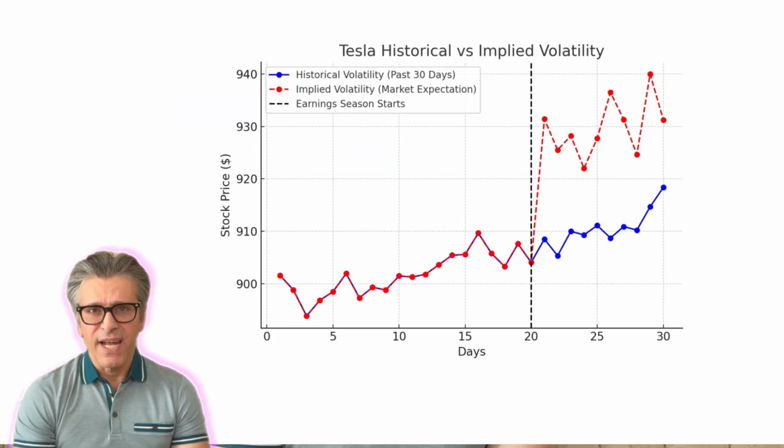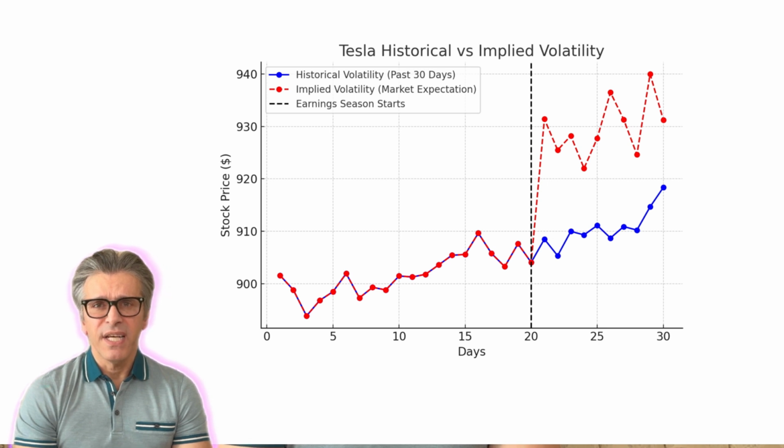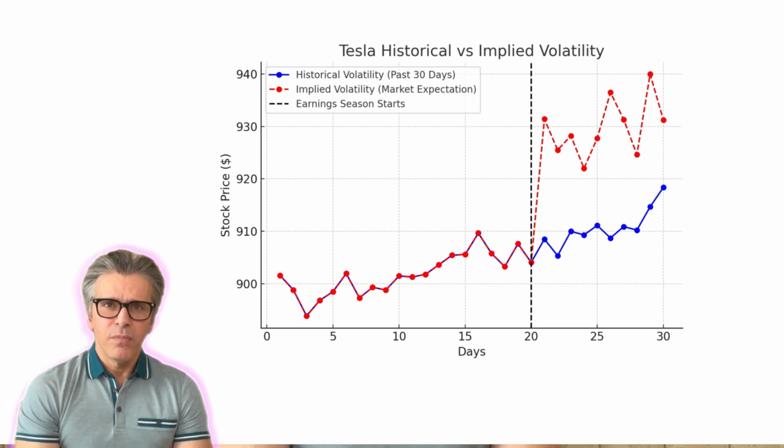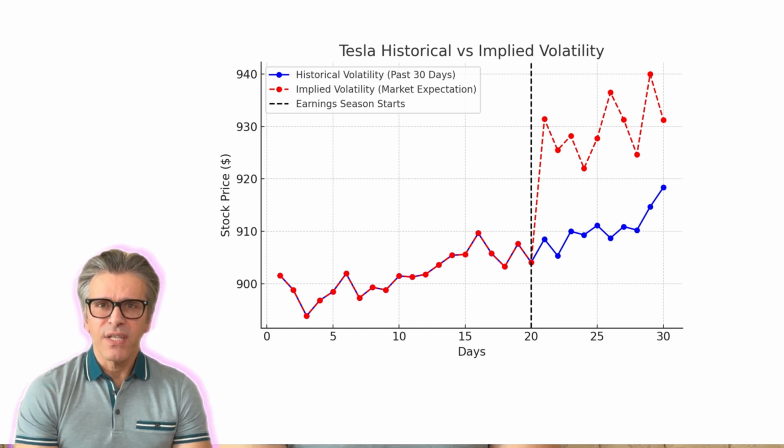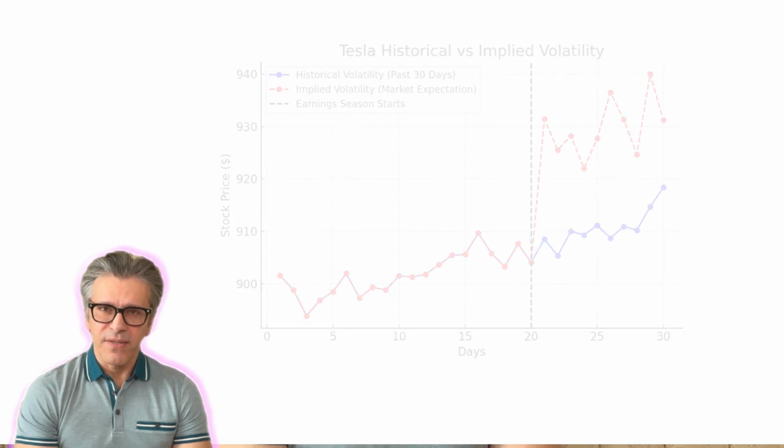On the other hand, implied volatility is the market's expectation of future price swings. In simple language, it means the market expects a specific stock, such as Tesla, is about to make a big move, which could be caused by earnings season or a new product announcement.